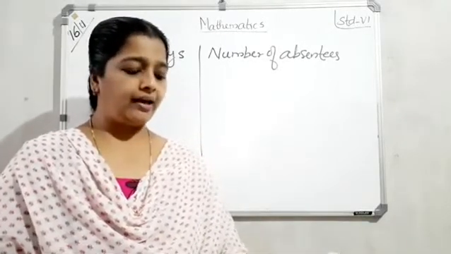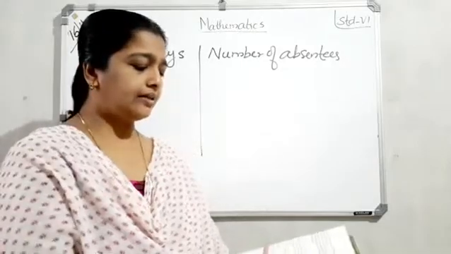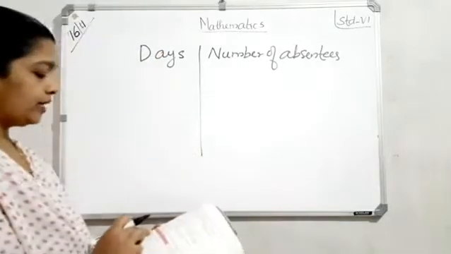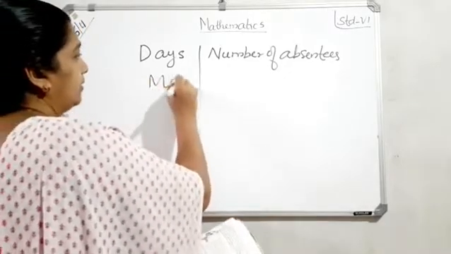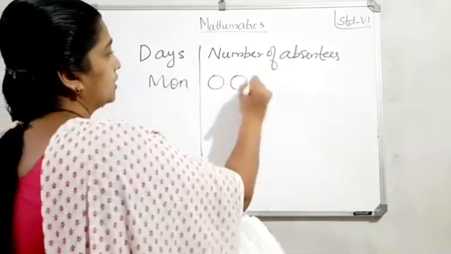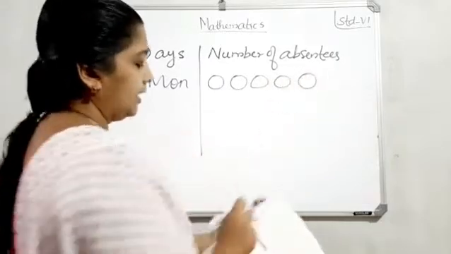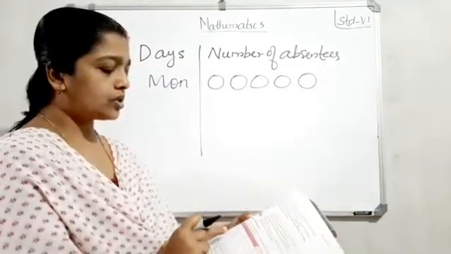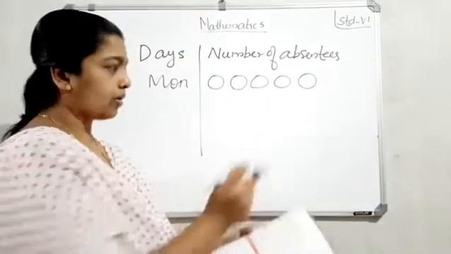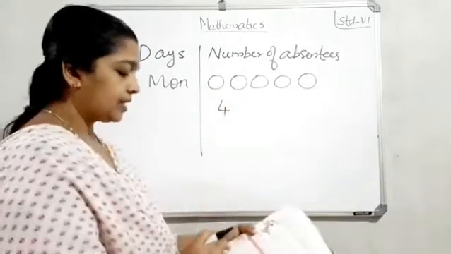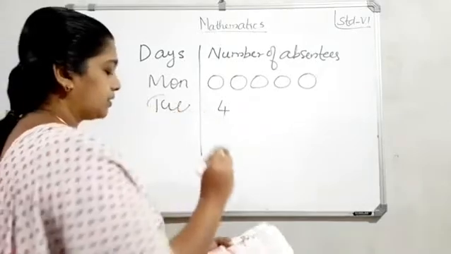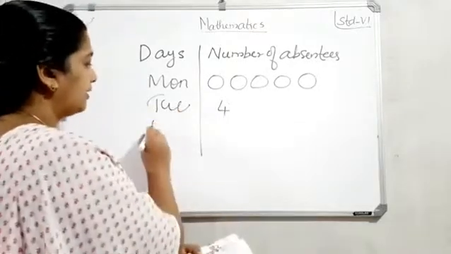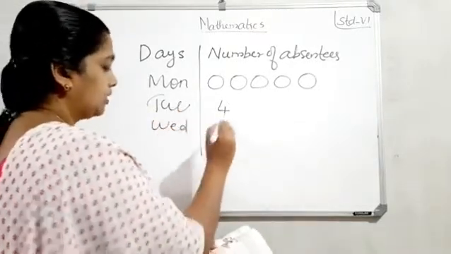First, Monday. How many pictures are there? Monday, 1, 2, 3, 4, 5 heads. That is Monday, 5. Next, Tuesday, 1, 2, 3, 4, 4 symbols. Next, Wednesday, 2 symbols.